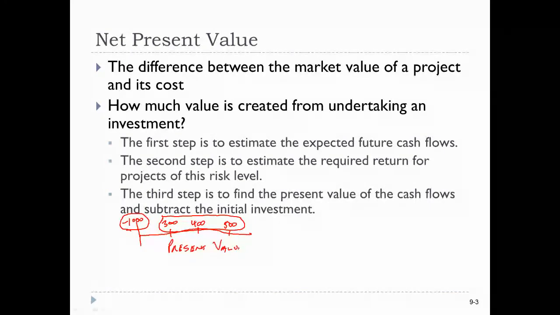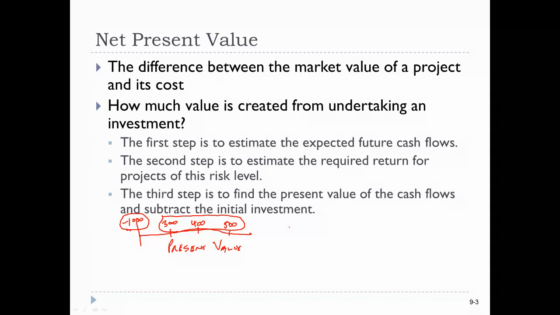Remember that any cash flows that occur in the future are less valuable than cash flows occurring today, so we need to compare the incoming cash flows in terms of their value today to the cost that we incur today. And it's very simple conceptually. It's a very simple idea.